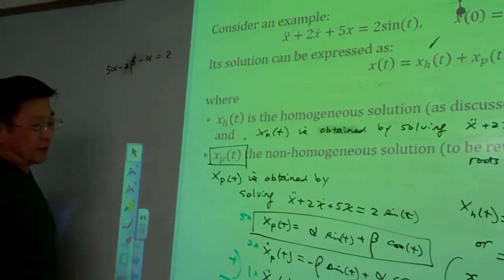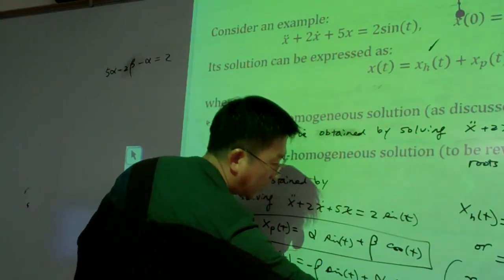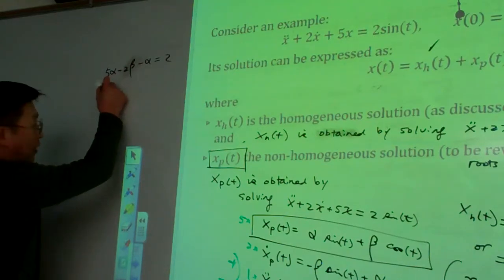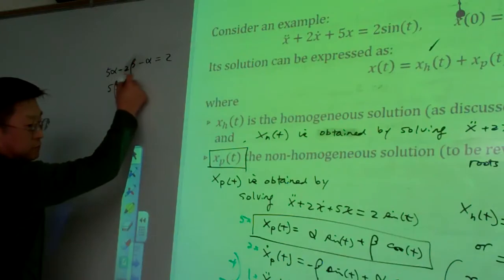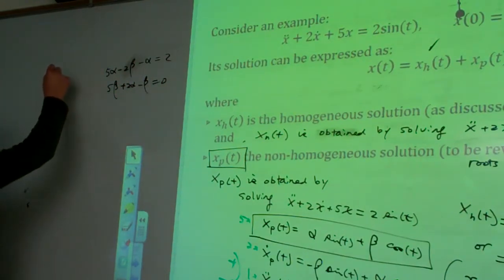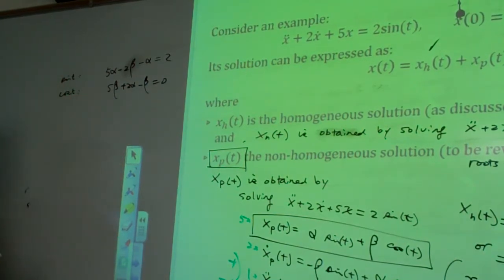Right? And then we compare the coefficient of the cosine, and that is nothing, so the coefficient of the cosine must be equal to 0. That is the coefficient of the sine t, and this is the coefficient of the cosine t.